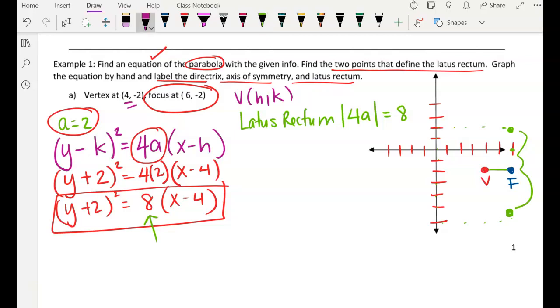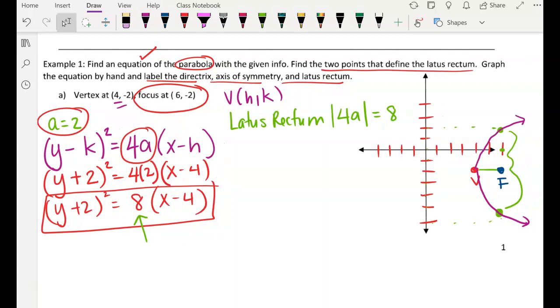And your focus, okay, is going to be running through that line. So what's going to happen is your parabola is going to open sideways this way, going through those 2 points of the latus rectum. So it says, okay, now define 2 points. So that means your L.R. points are (6, 2) and (6, -6).